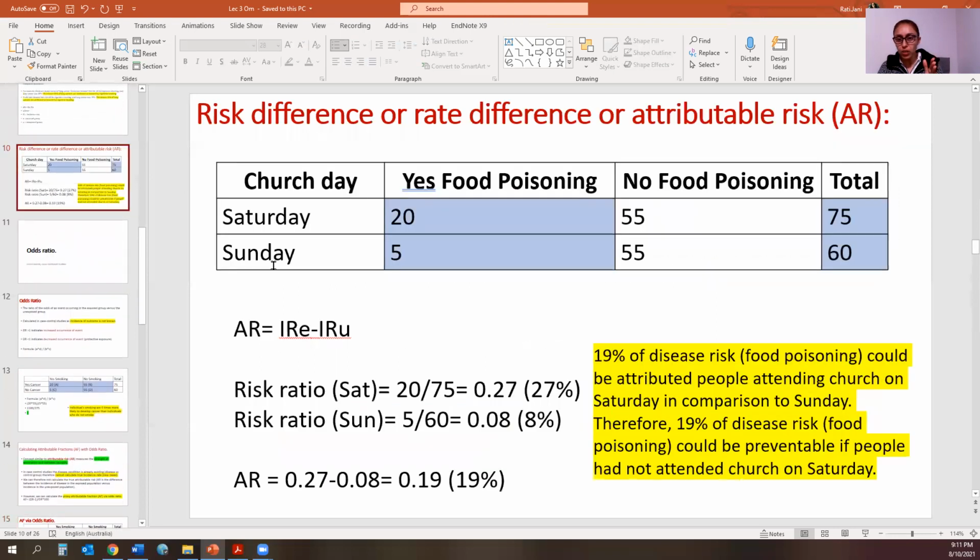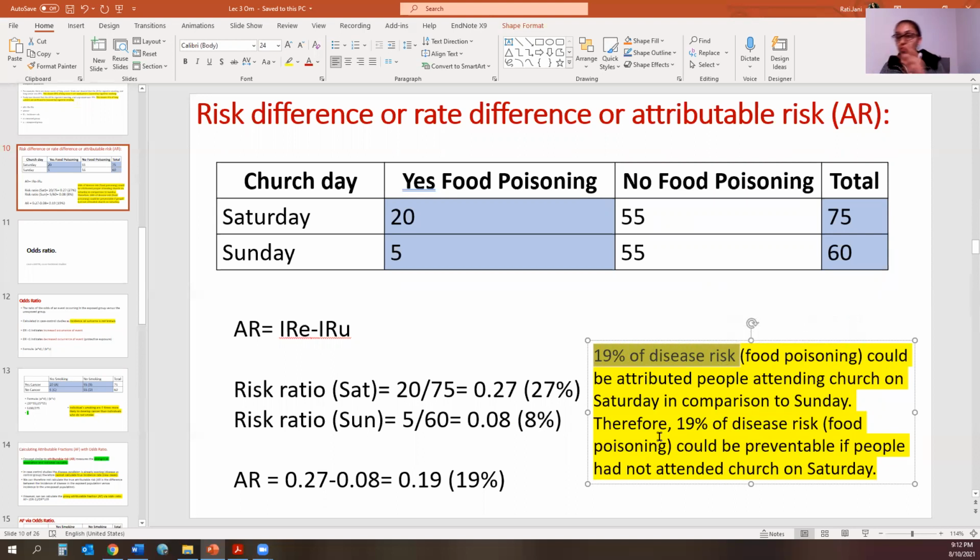If we look over here, you know how we have kept using the word attributed, and we have two ways of writing it. One is that 19% of attributable risk. I use the word risk here because it is attributable risk. So 19% of disease risk can be attributed to people going to the church on Saturday compared to Sunday.